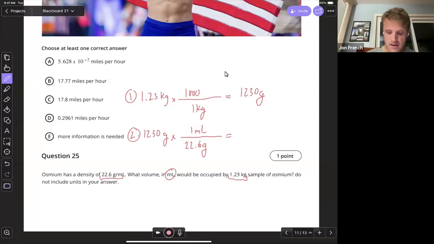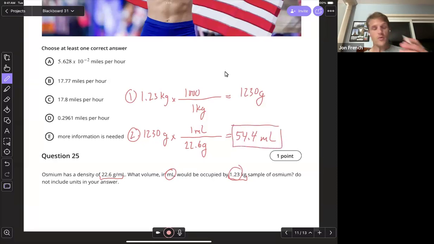All right, and I would have a volume of about 54.4 milliliters. I would say three significant figures because we weigh out that 1.23 kilogram sample. So 54.4 milliliters, really not a whole lot to get over a kilogram of this material.